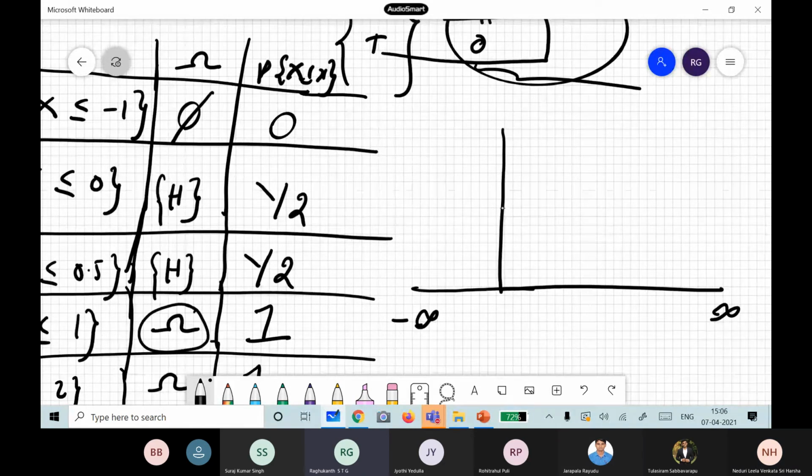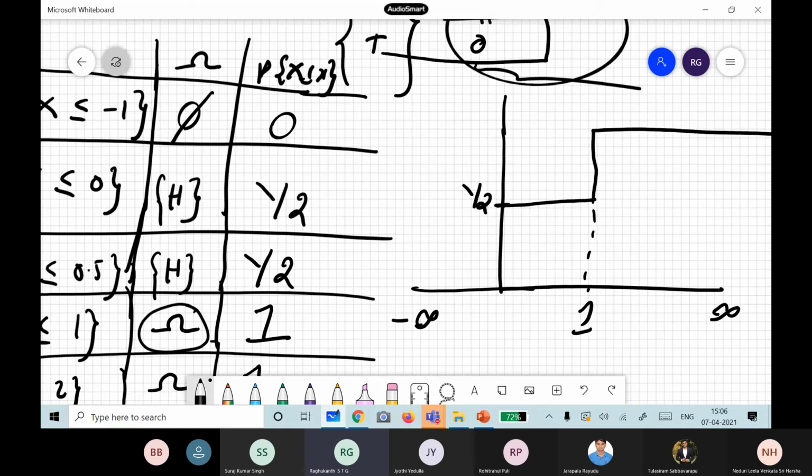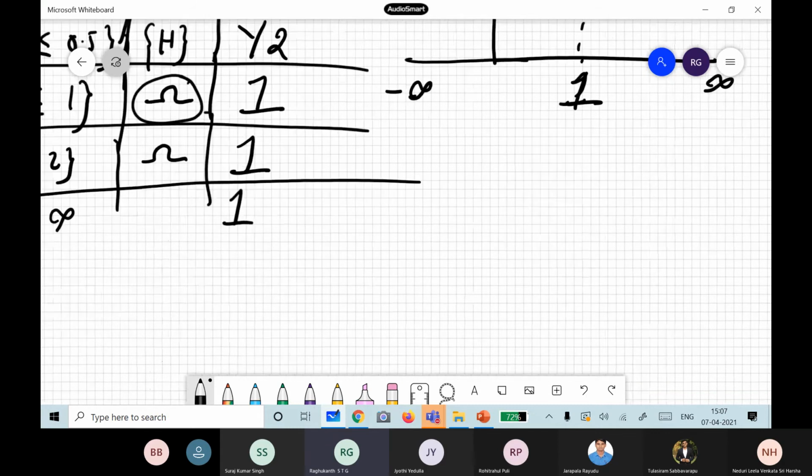Now for 0, this is half, up to 1, say. Then suddenly it increases to 1 and it remains constant. So that is the advantage. This quantity, the probability of capital X less than or equal to small x, we call the probability distribution function.